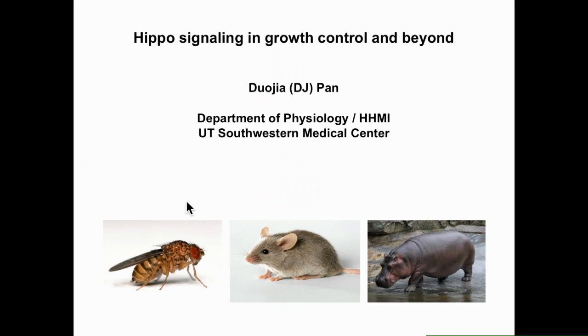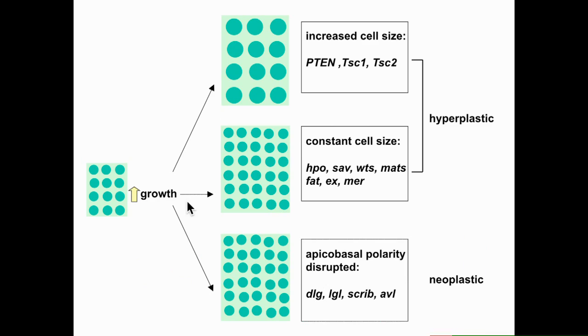All right. So the work on the Hippo pathway can be traced back to the long-standing interest by developmental biologists to try to understand the fundamental question in developmental biology, which is how tissues grow to their characteristic size.